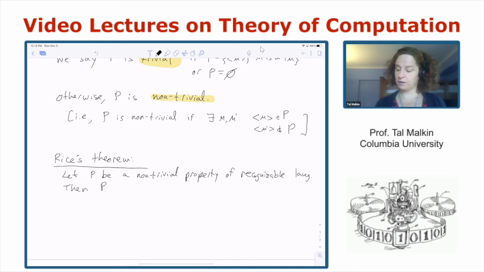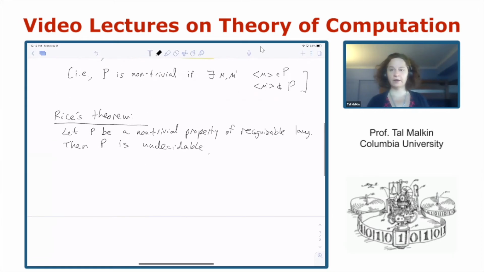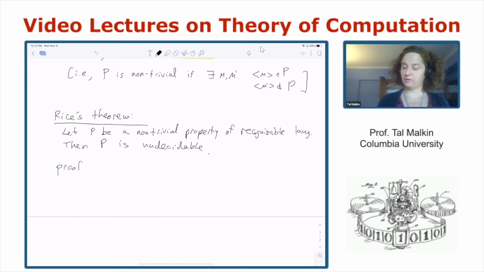Then P is undecidable. Okay, so this is the theorem, and let's see how to prove it.